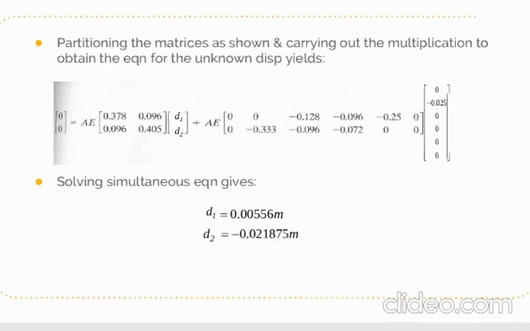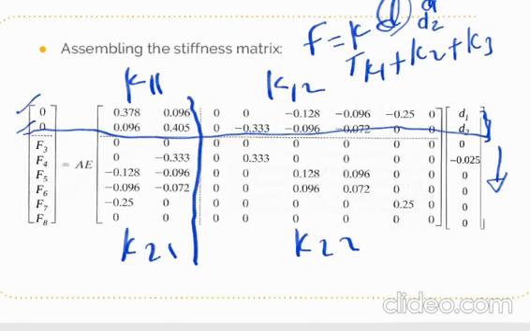Now here, F is 0, 0, and this is matrix K11 and D1 and D2. That's what I want to find. And also we have plus here, not like the first example, because here we have settlement.